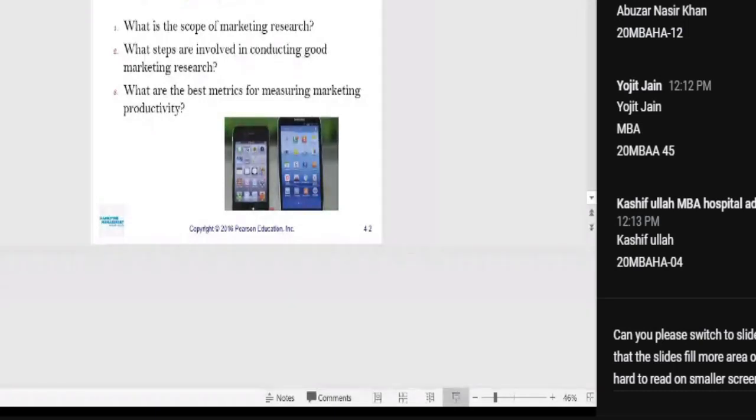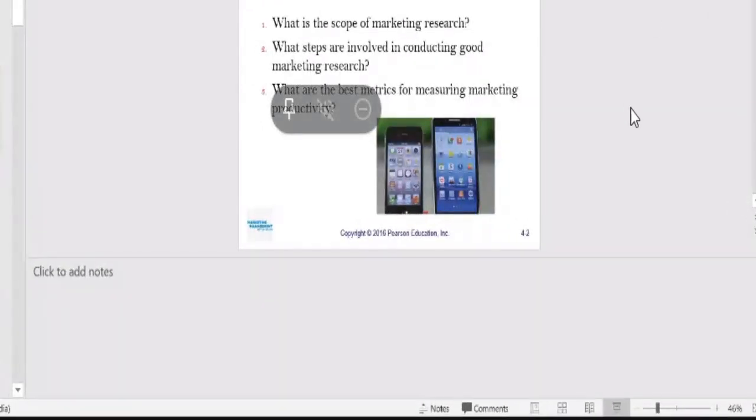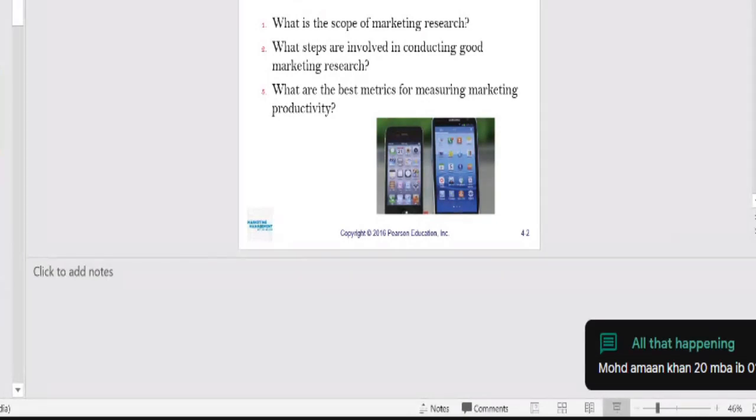So I'm going to be talking about this product called Venus Razors. It's a part of the Gillette group, and this is a part of the $300 million budget that was taken for developing its first razor.